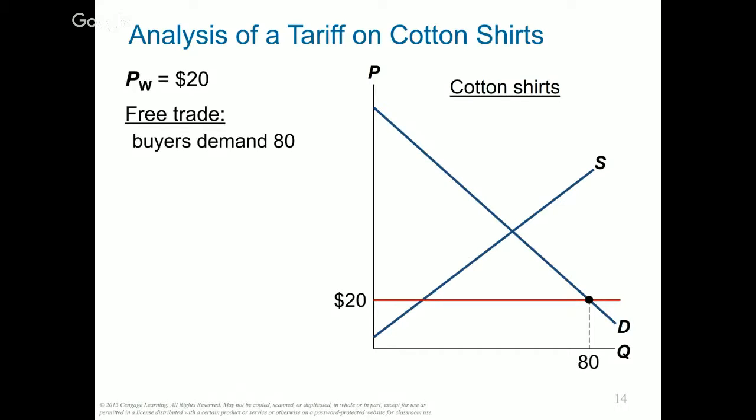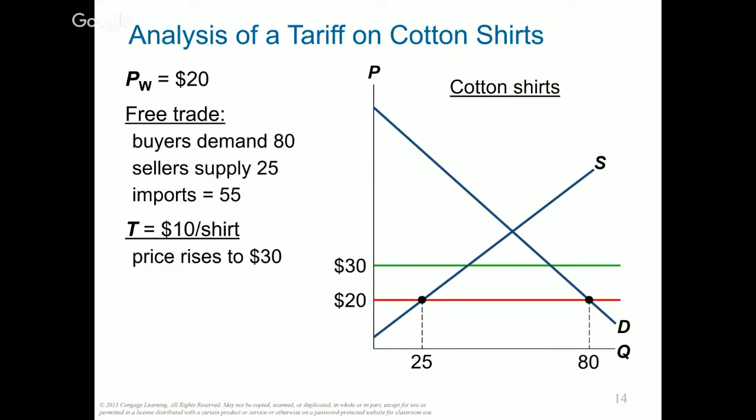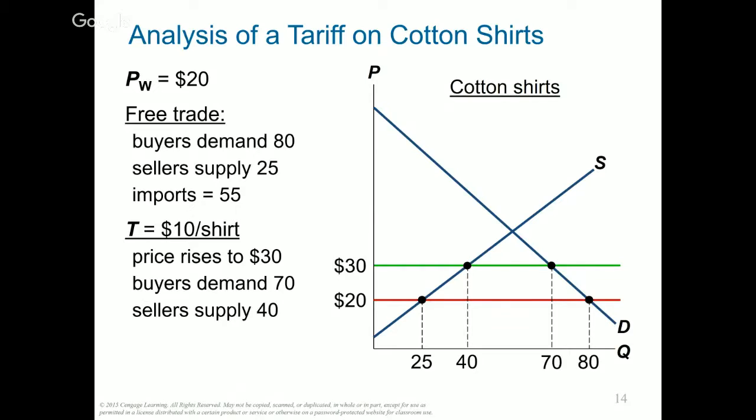So at free trade, buyers demand 80 units. Our domestic suppliers only supply 25 units. So with free trade, this economy will import 55 units of cotton shirt, and then your tariff will increase the price by $10, so to 30. At 30, our consumers will only buy 70 shirts, but domestic producers will be able to produce another 15 units.